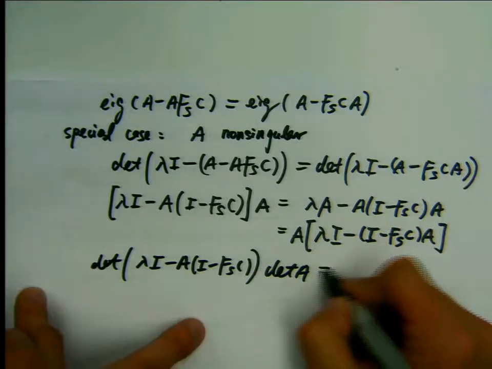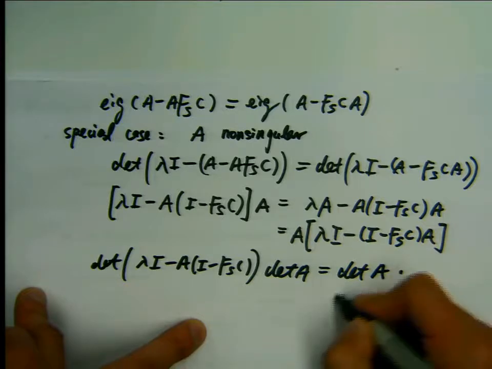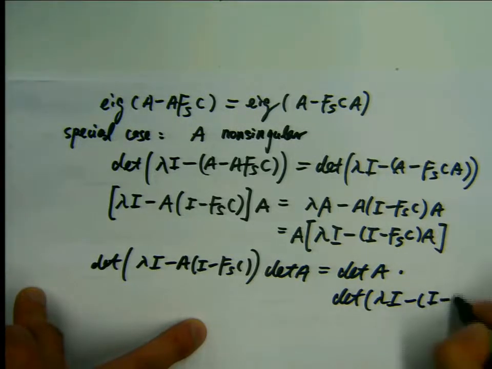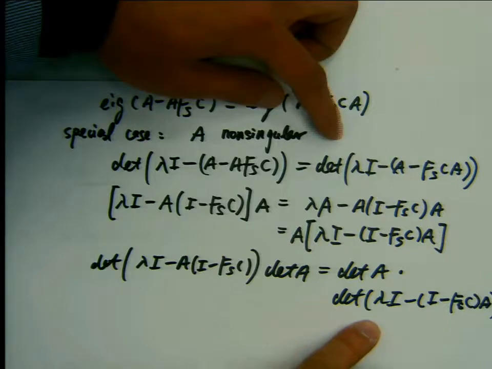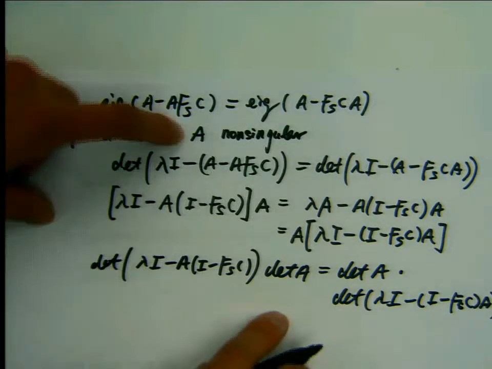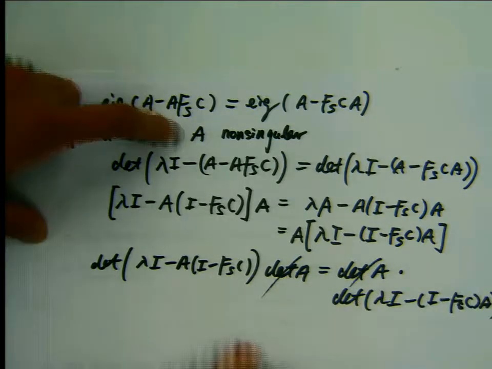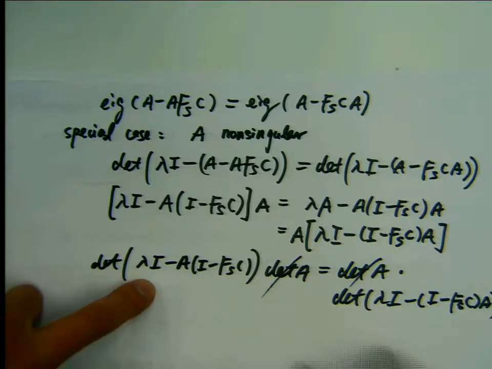And on the right-hand side, you get another determinant of A, times the determinant of lambda I minus Fs CA, which is exactly the right-hand side of this equation here. We started with the special case that A is non-singular, so these two determinants cancel. They are not 0. So this is one way to understand the result.